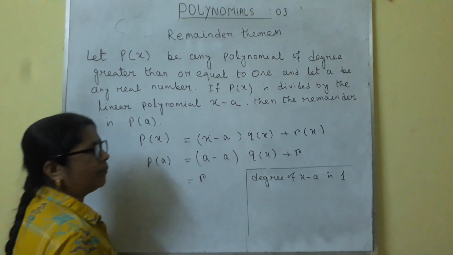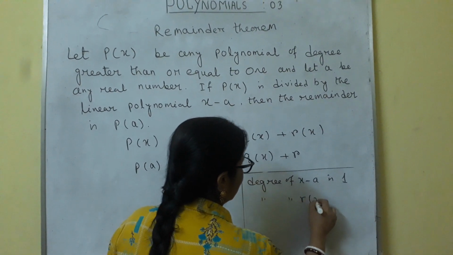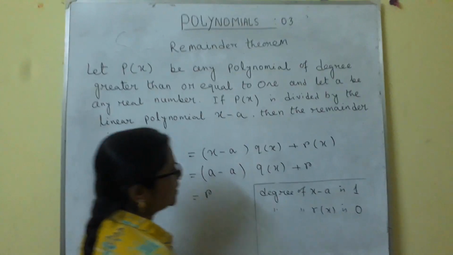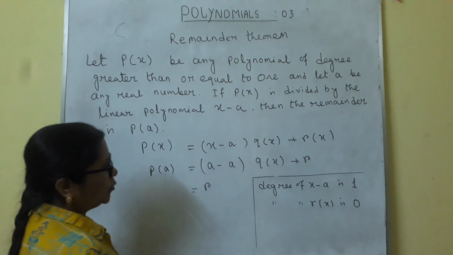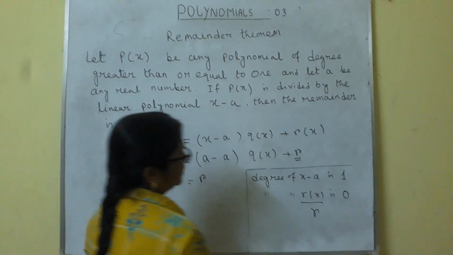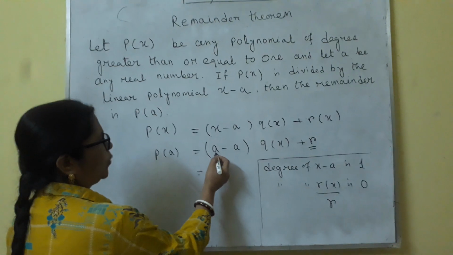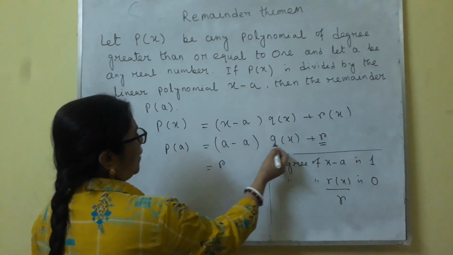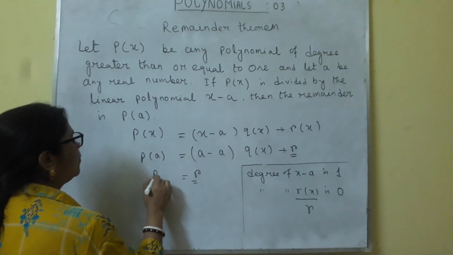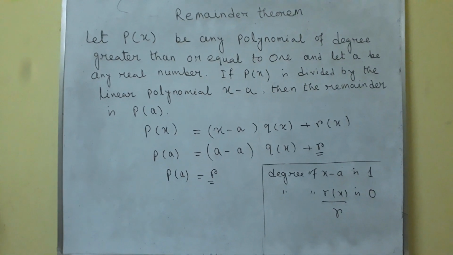Then the degree of the remainder r(x) will be 0. That means it is a constant term. So we can write r(x) as r. Now we substitute the value a here. So we get a minus a into q(x) plus r. So we get the value r. So the value of p(a) equals r. So this is the remainder theorem.